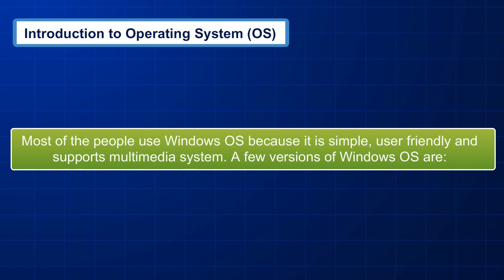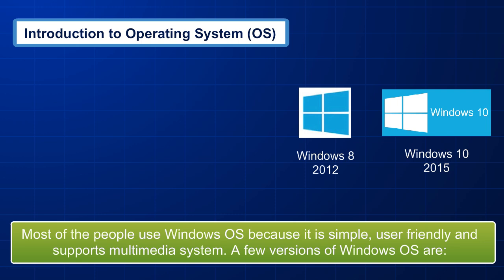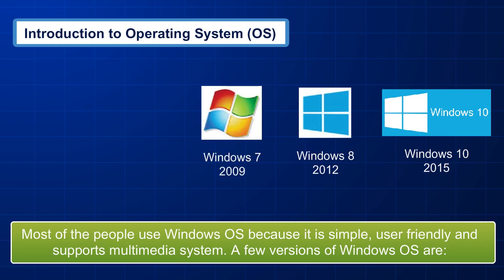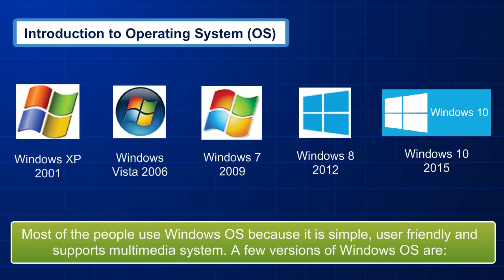A few versions of Windows OS are Windows 10, 2015; Windows 8, 2012; Windows 7, 2009; Windows Vista, 2008; Windows XP, 2001.